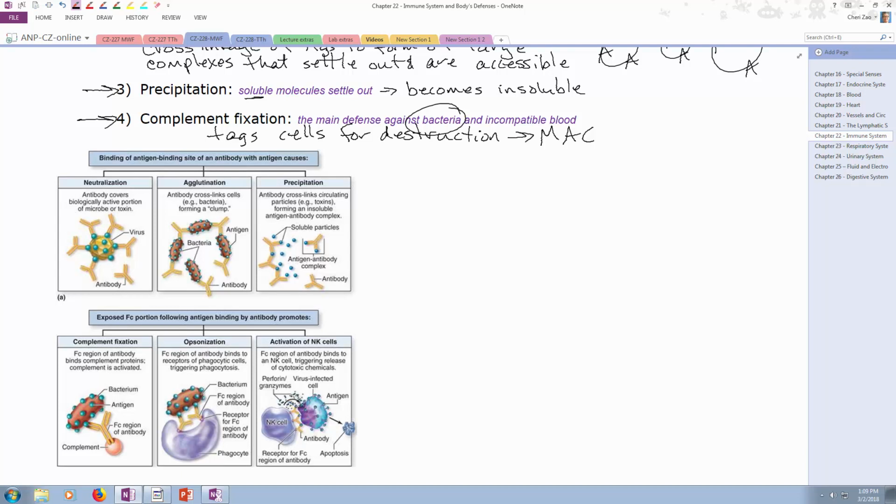So let me just take a little bacterium here that has these various surface markers on it. I'm just going to make little dots for surface markers right now. And we have antibody that recognizes this, and so it's tagging it.